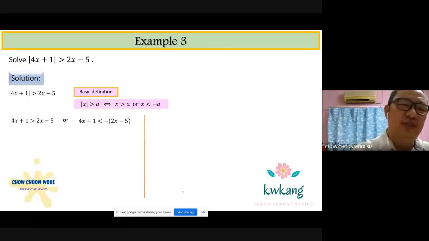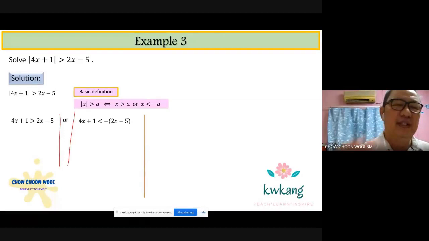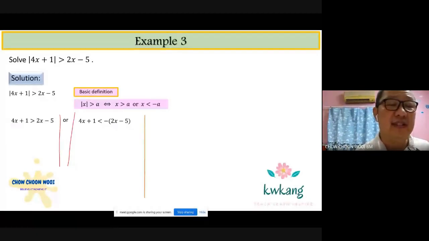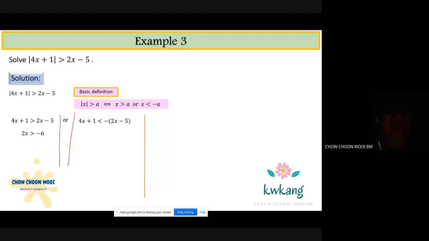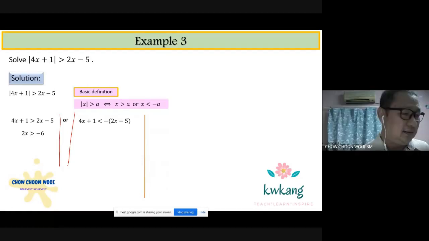Then we look, when there is a modulus, it will exist on the left and the right. So for the left side, before you solve this inequality, you must ask, is there any modulus? No modulus. Is this a linear inequality? Yes, if linear, we just solve it directly. So 4x minus 2x.